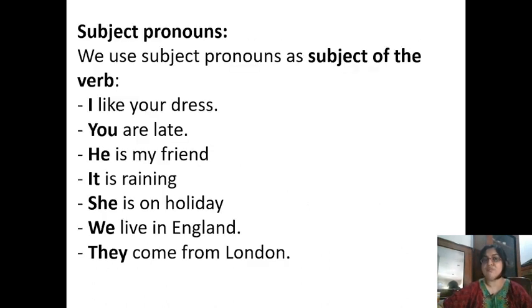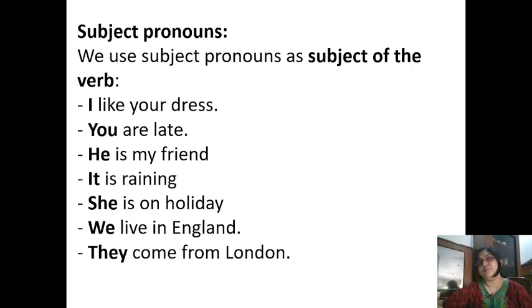Subject pronouns, we use subject pronouns as subject of the verb. I like your dress, you are late, he is my friend, it is raining, she is on holiday, we live in England, and they come from London. So as you can see, the bold words from which the subject and the idea, whatever idea is described in the sentence, would begin.